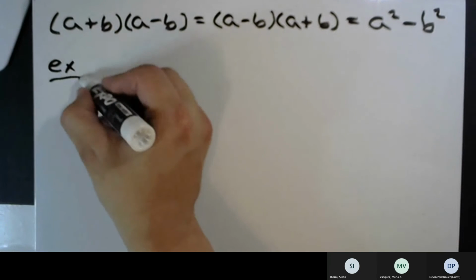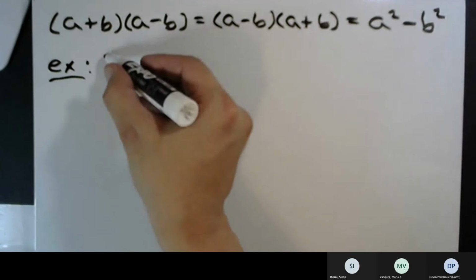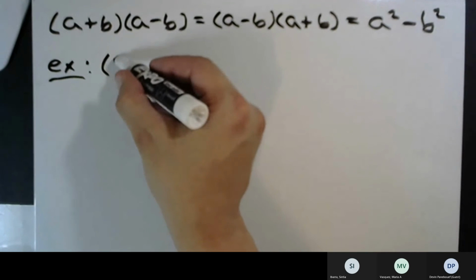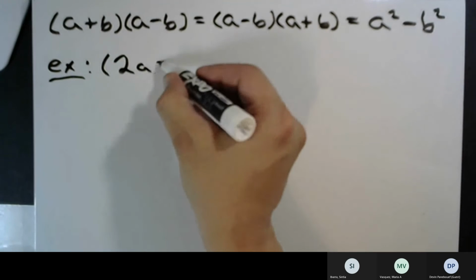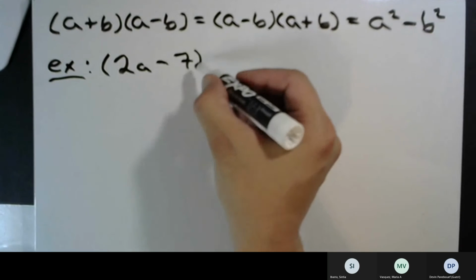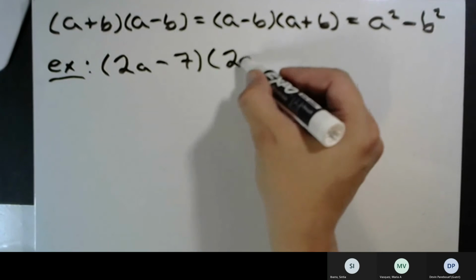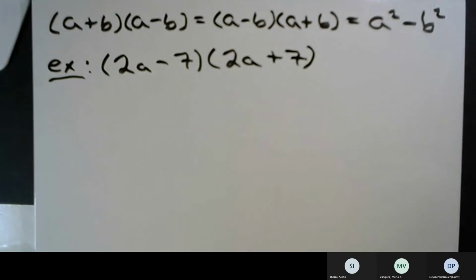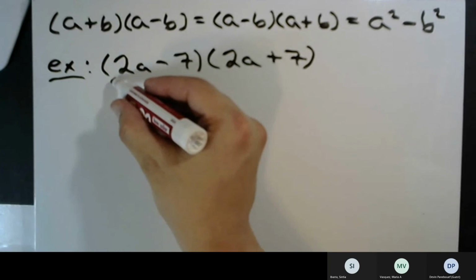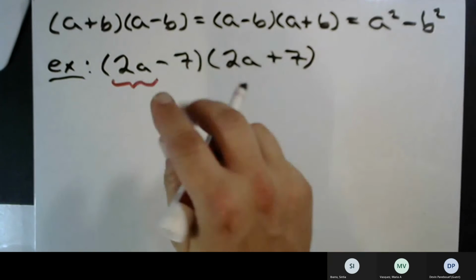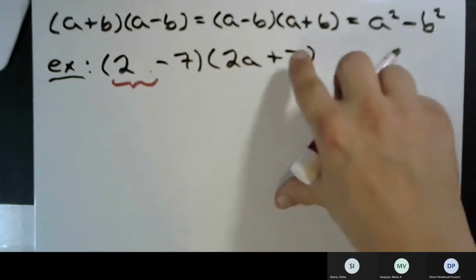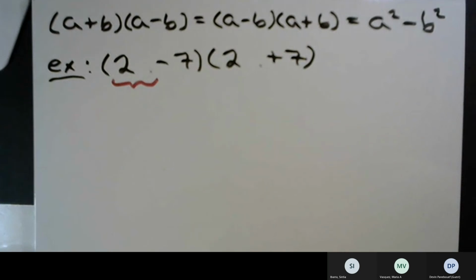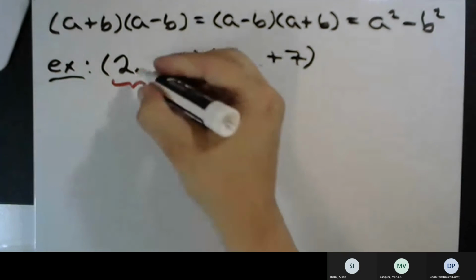So let's say we have this. Well, again, we want to identify A and B. So let me change the variables here because they're going to get kind of confused with our formula.